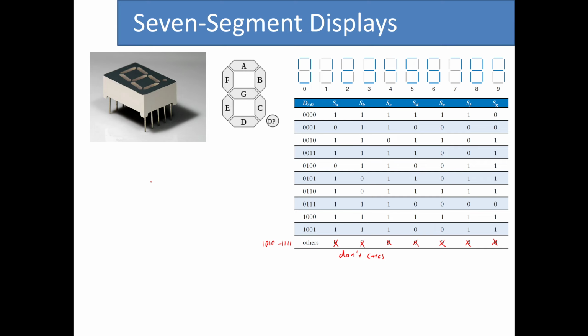So let's just consider it with don't care, and we write the function for SA, considering if the value is greater than 9 or don't care. For this, we first create the truth table.